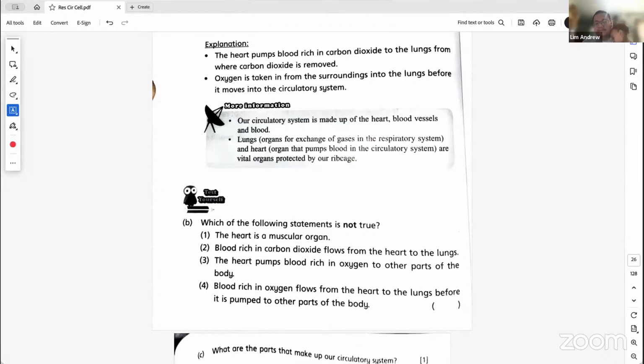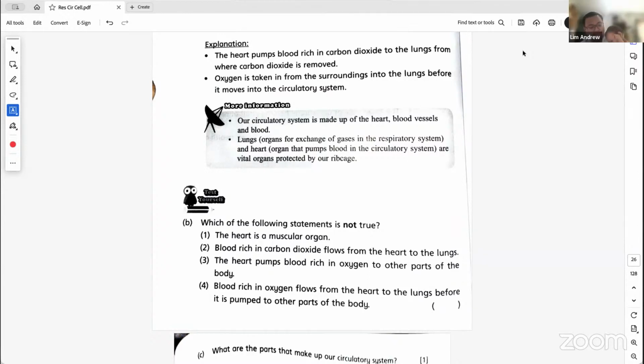Can I have a volunteer, please? Yes, David. I think that it is number 2 because, oh no, I think that it is number 4 because blood rich in oxygen flows from the heart to the body, not from the heart to the lungs.